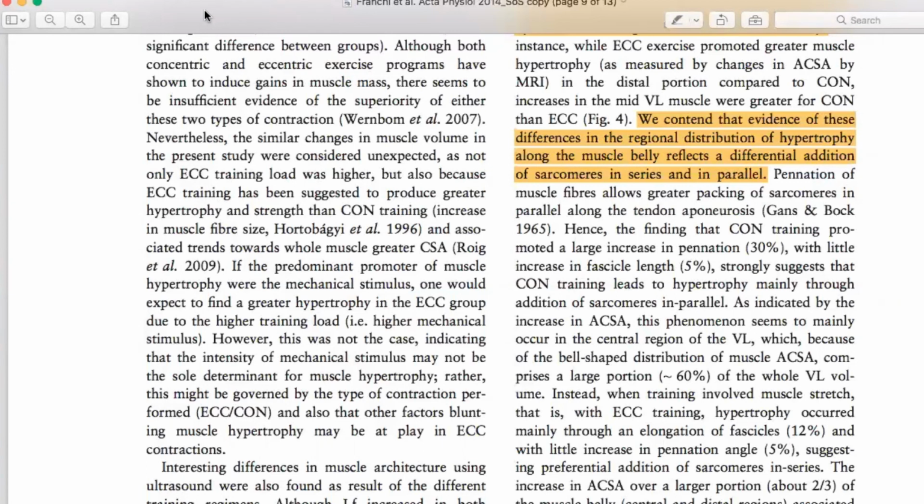And the practical application is that if really the muscle can respond to two different contractions in two different manners, well, it's good to know, especially for clinical settings obviously, but also performance, because with muscle architecture we can influence the functional output of the muscle. So that's pretty much it.